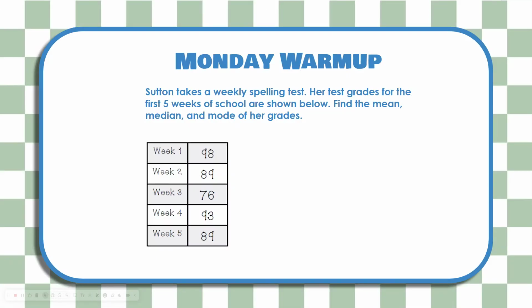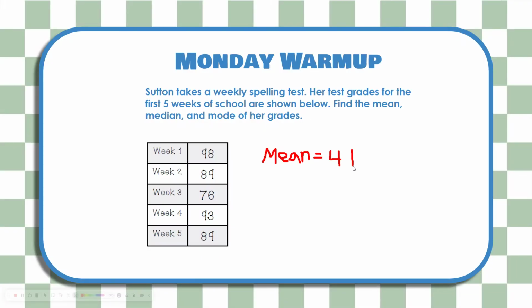All right, if you guys are ready to check this, let's start with the mean. Remember, mean is just another word for average. Don't mind my handwriting, I'm trying to write with the mouse. This is not my best. To find the average, we first need to add the numbers together.